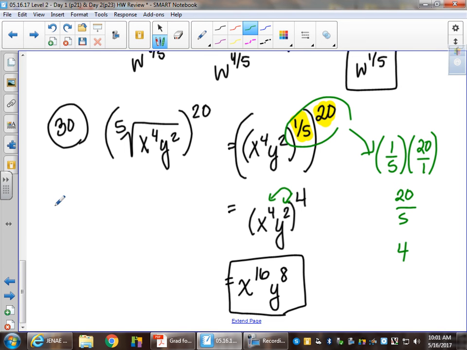So the quiz just ended, and I did promise to go over number 17 after the quiz was over so that you have it on Google Classroom if you struggled with number 17.